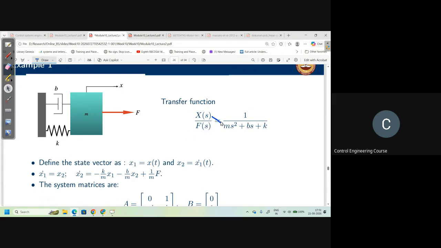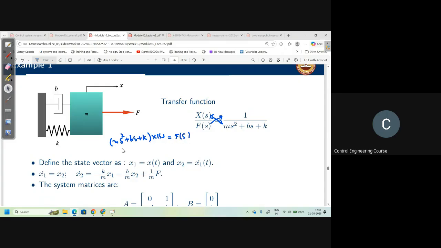What we need to do is cross multiply these two. Then you will have (ms square plus bs plus k) into X of s is equal to F of s, right? Then we do the Laplace transform.